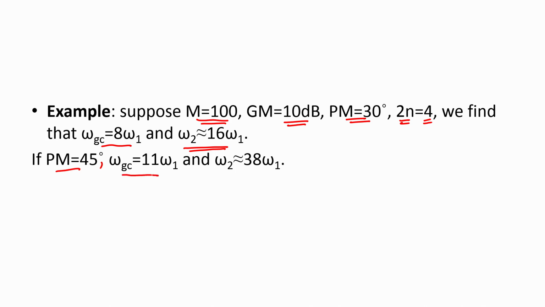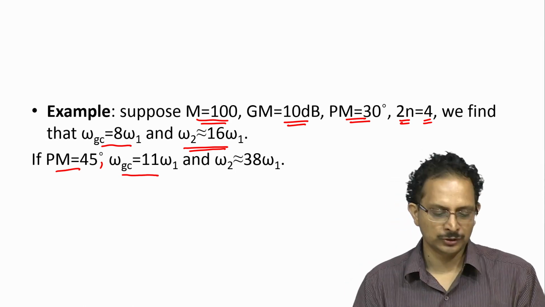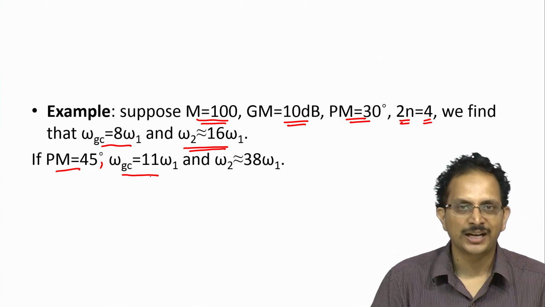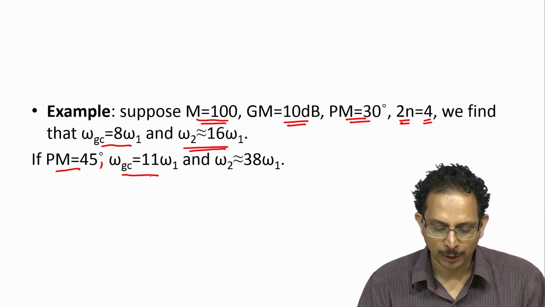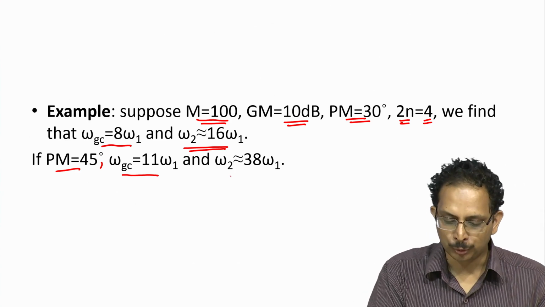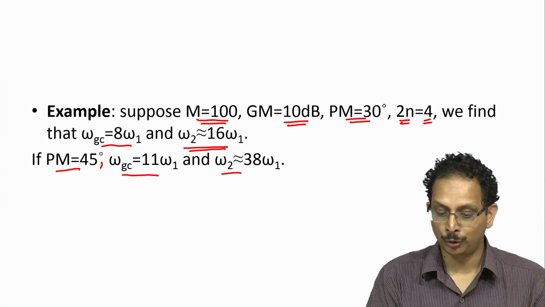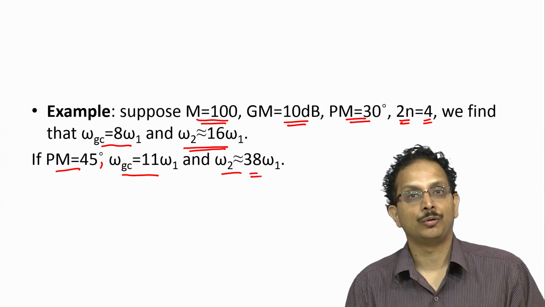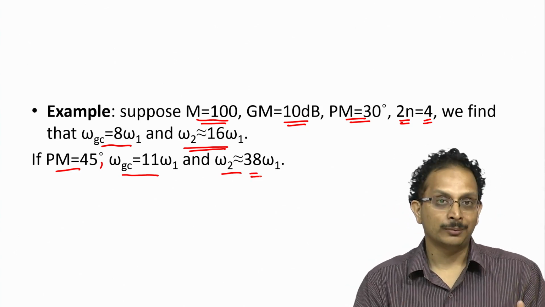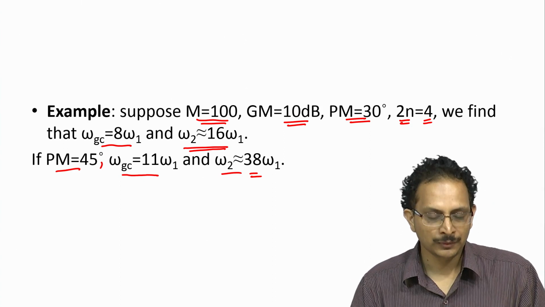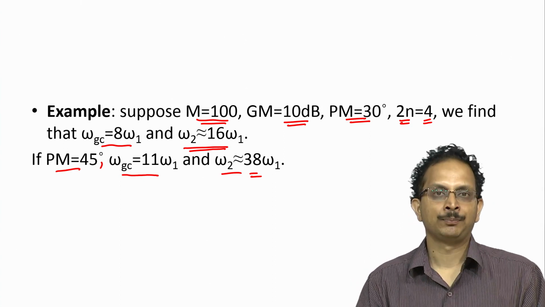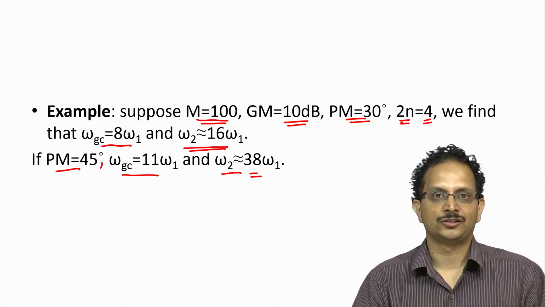So the minimum bandwidth of our closed loop system, or equivalently the minimum gain crossover frequency of the open loop system, is going to be given by omega gc is equal to 11 times omega 1, and omega 2, which is the frequency up to which we have to maintain the loop shape, is going to be given by 38 times omega 1.